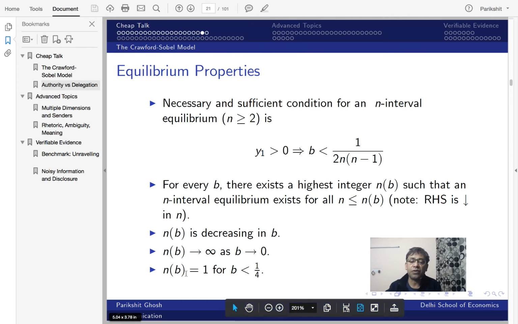So n of b equal to 1 means only babbling equilibrium is possible. And if you put n equal to 1 here, the right hand side becomes 1/4, and so this inequality should have been reversed, right? So n of b equals 1 if the bias is greater than 1/4.